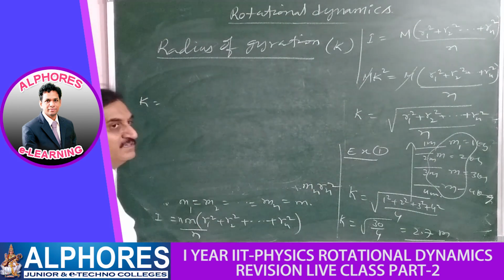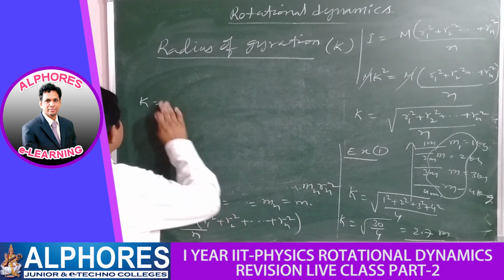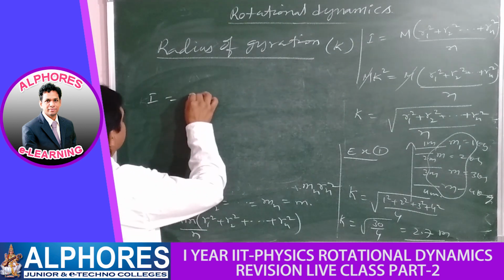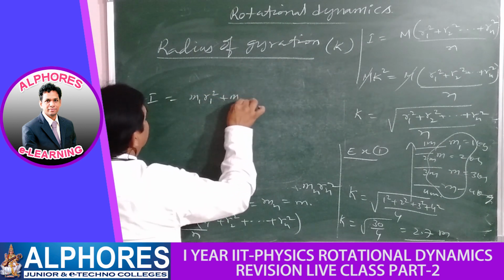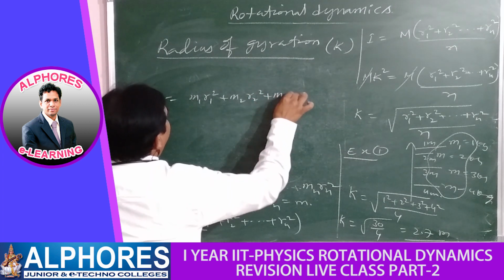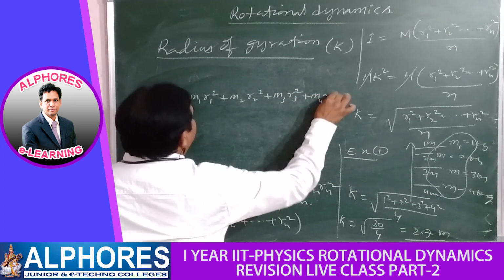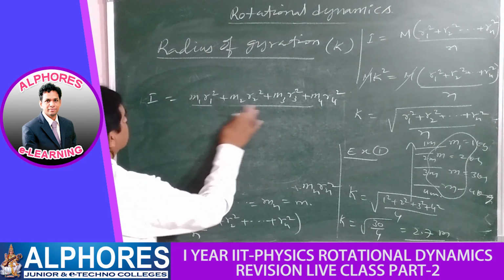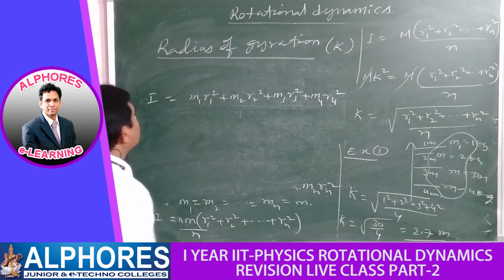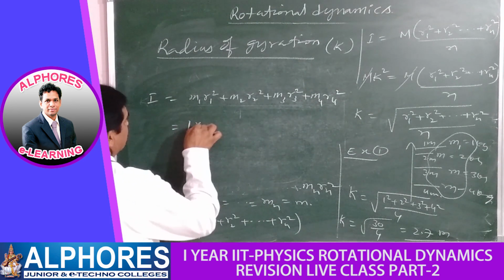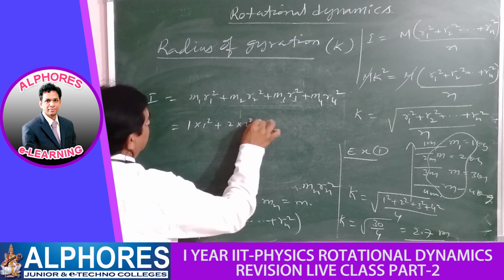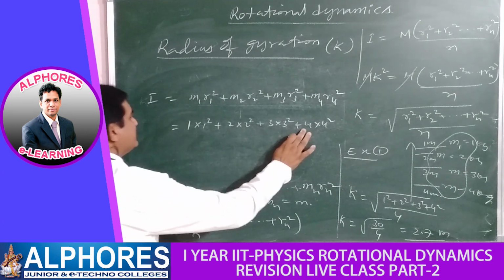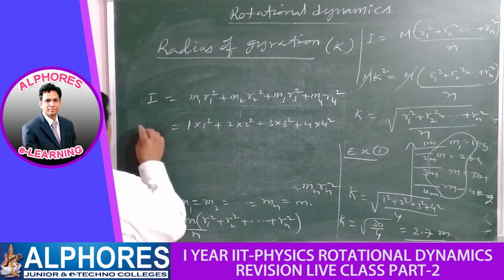First of all, let us estimate the moment of inertia: m1 r1 square plus m2 r2 square plus m3 r3 square plus m4 r4 square. Now this is 1 into 1 square plus 2 into 2 square plus 3 into 3 square plus 4 into 4 square. You simplify this, you will get some finite amount.